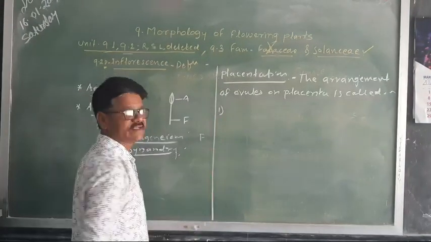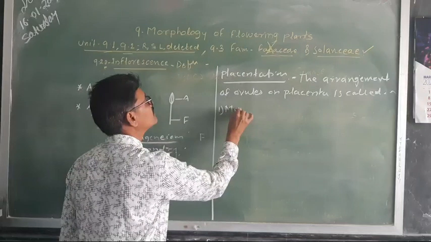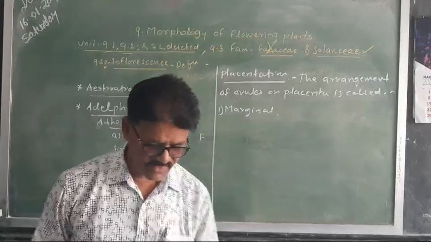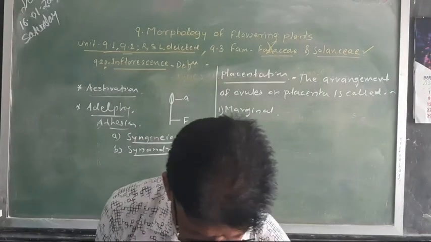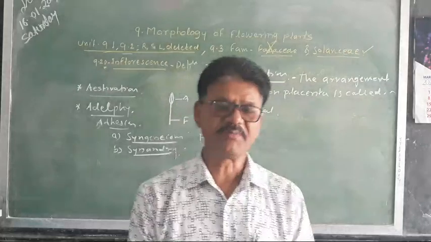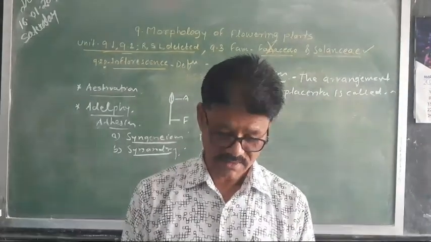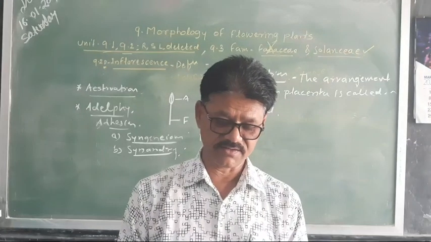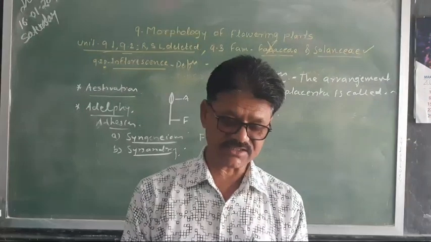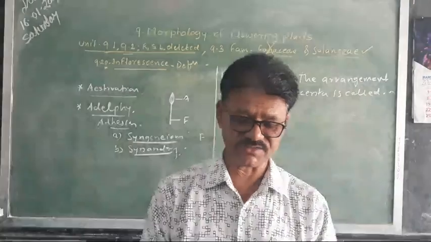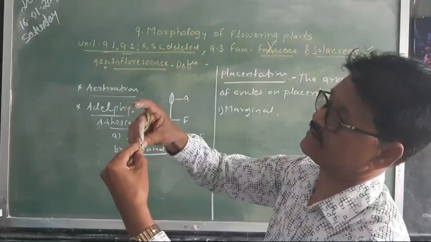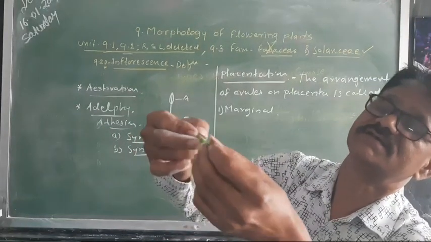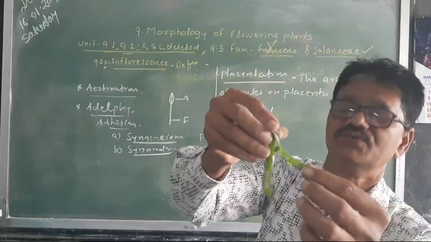The first one is marginal. In that you can see the very famous example, pea pod. I think you have all opened a pea pod. In that you can observe the ovules are attached to the margins. See, these are the ovules attached to the margins.